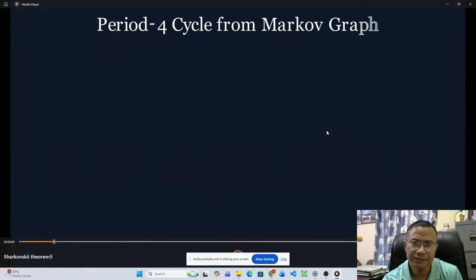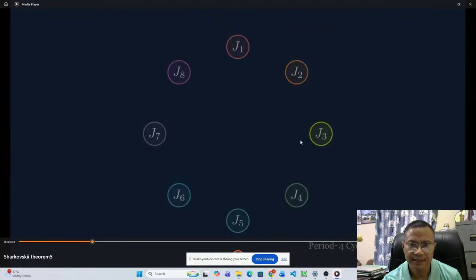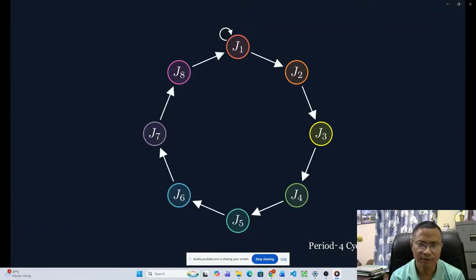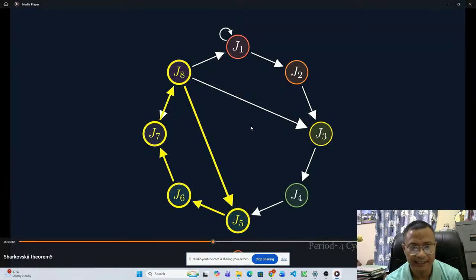Again, we are going to refer to the Markov graph, and we are searching the Markov graph for a primitive cycle of length 4. This yellow highlighted part goes J1 to J5, J5 to J6, J6 to J7, then J7 to J8. This is a cycle of length 4.